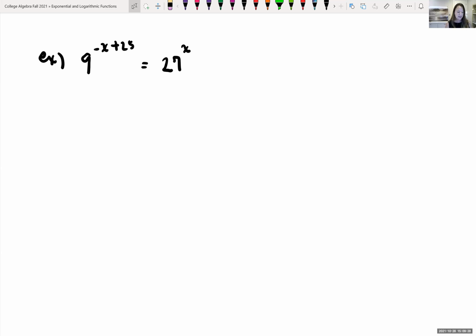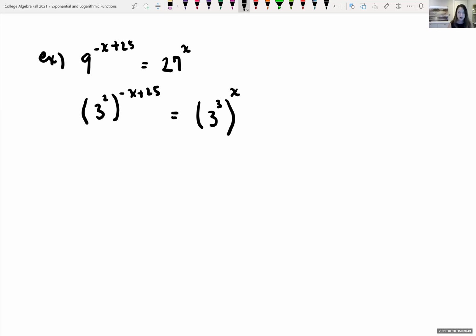But we can rewrite both of these as base 3. And so 9 we could rewrite as 3 squared, and then that's all raised to the negative x plus 25 power is equal to, and 27 is the same thing as 3 cubed raised to the x.